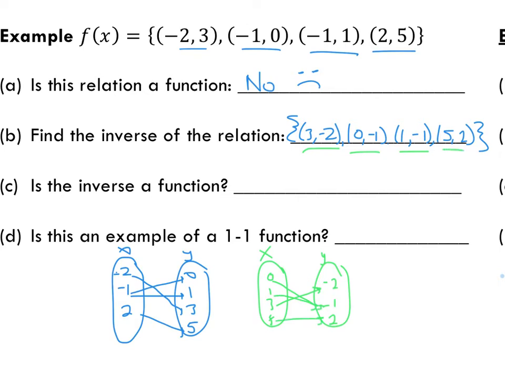Now, is this inverse a function? In this case it is, because each of the new x's only corresponds to one y value. And is this an example of one-to-one? Remember, both the relation and its inverse have to be functions, and they aren't, so this is a no.